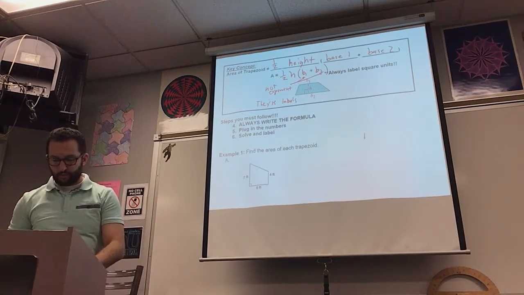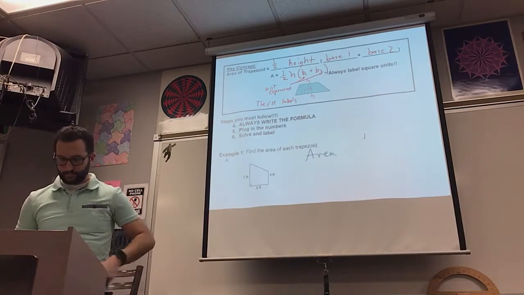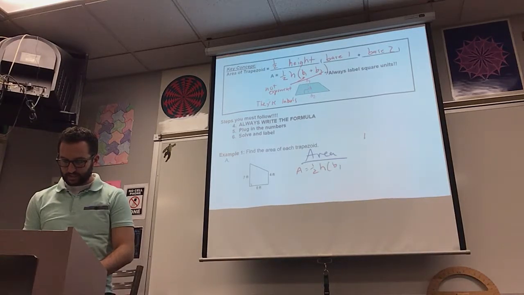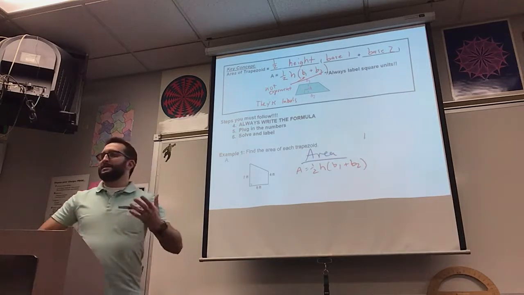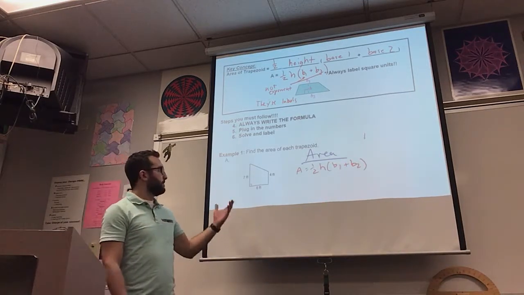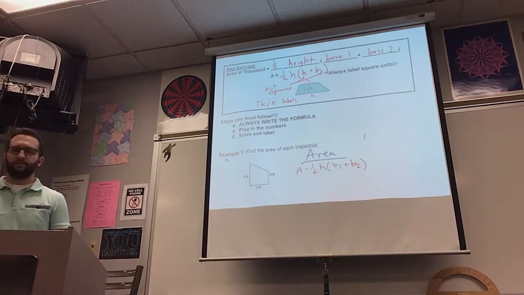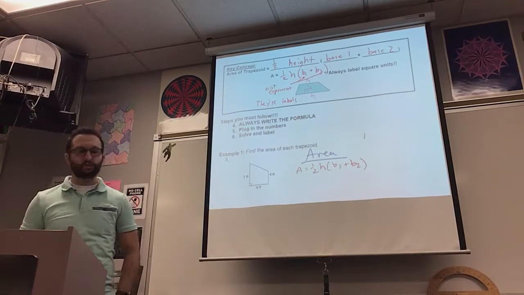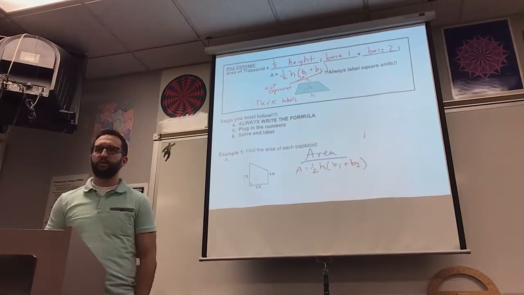So we want to write our area formula. We're only going to do area for this one. So let's write our formula out. A equals 1/2 h times B1 plus B2. Now, this one's a little tricky because I thought that the height should be perpendicular to the bases. If this is a trapezoid, we're told this is a trapezoid, and we know that the bases are parallel.